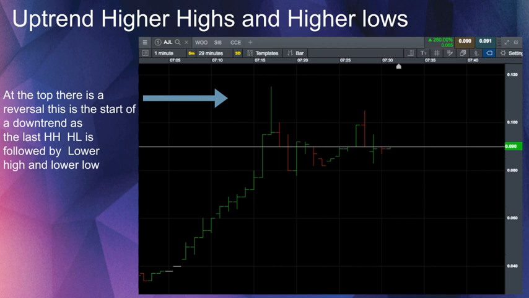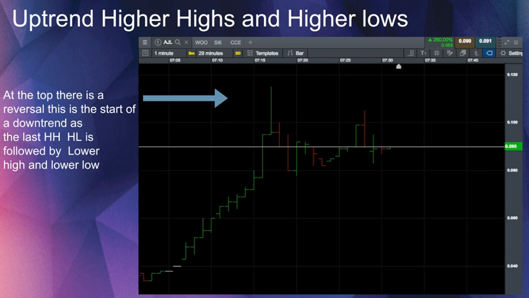If you look at the candles, you can see a trend going upwards, and every time the next high is higher than the previous high, and the next low is higher than the previous low. So that's why it's higher highs, higher lows.